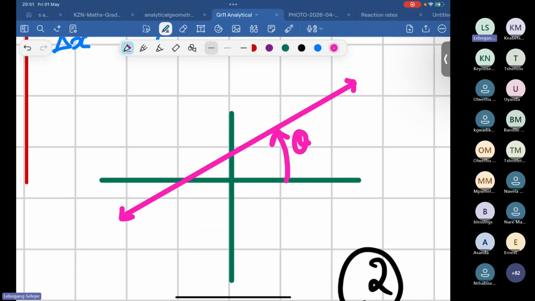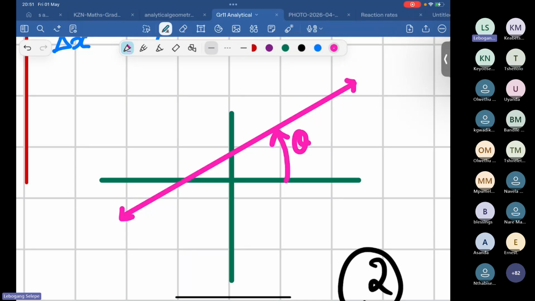Do we all agree that this angle is less than 90 degrees? Yes. So looking at this line segment, is it an increasing or a decreasing function? Increasing. What is the expectation with regards to its gradient? Is it supposed to have a positive or a negative gradient?